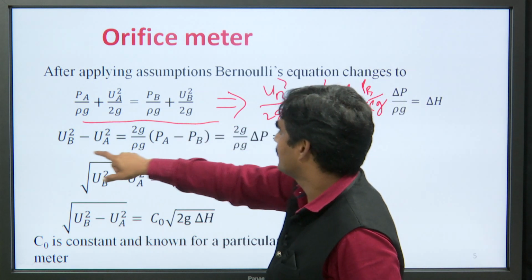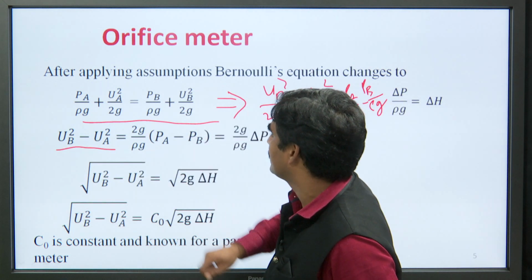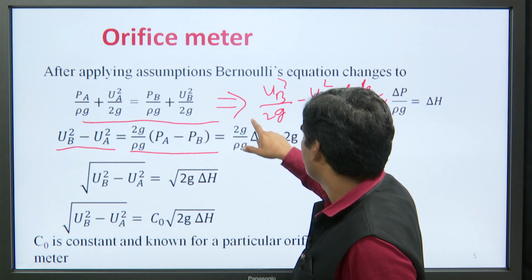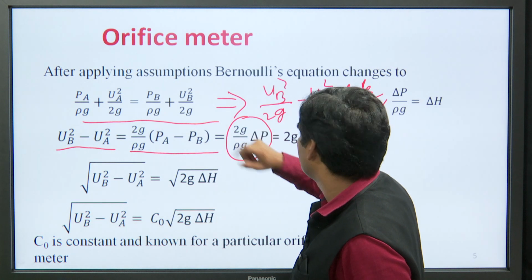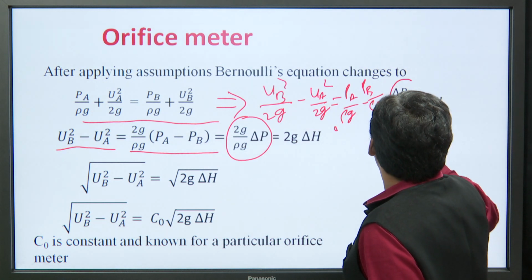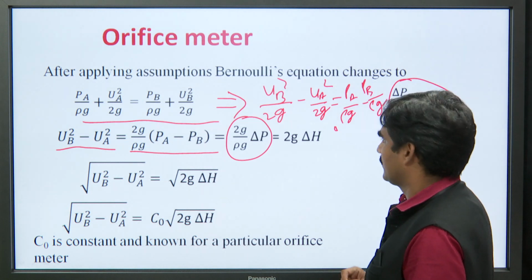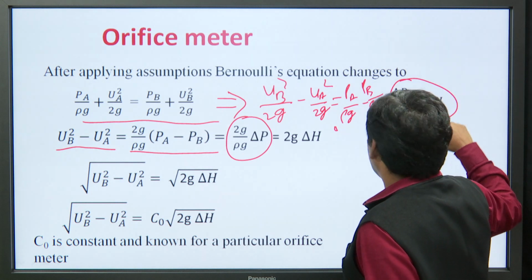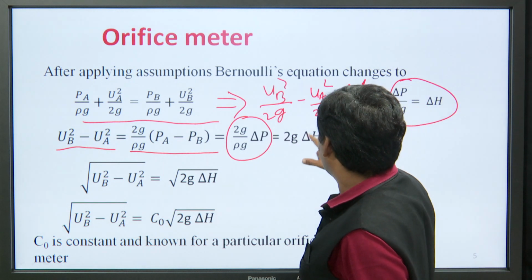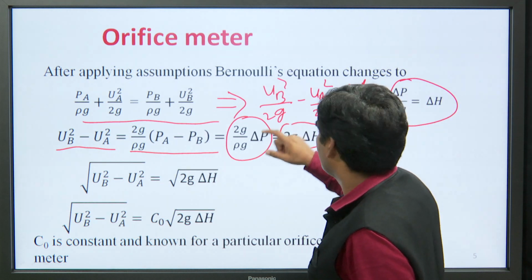So, simplifying this equation we will get u b square minus u a square equal to 2 g by rho g (p a minus p b), that is equal to 2 g by rho g delta p. This delta p by rho g is equal to delta h, that is the change in pressure drop. So, this equation can be written as 2 g delta h.